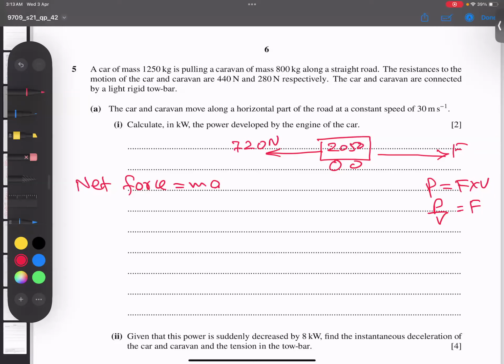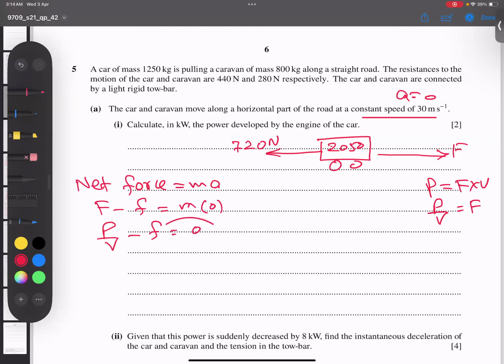Now net force equals MA, so applied force minus friction force equals MA, and the applied force is power divided by V. So I can replace it with power by V minus friction. He said constant speed, so acceleration is 0. If I replace it with 0, it will finish.